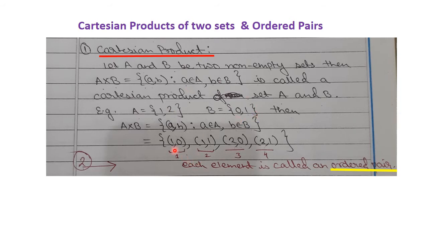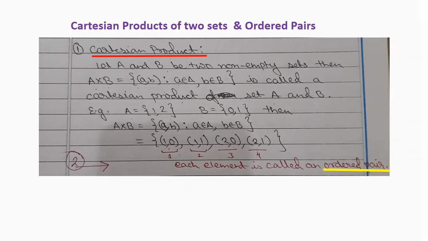Here we see that altogether there are 4 elements, 1, 2, 3 and 4. Each element is called an ordered pair.